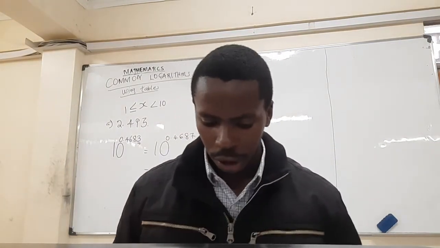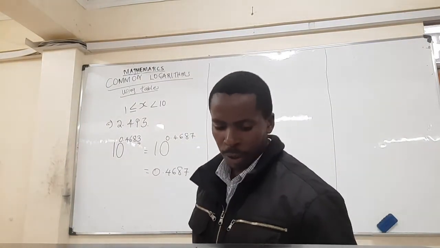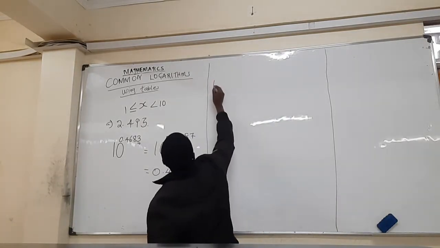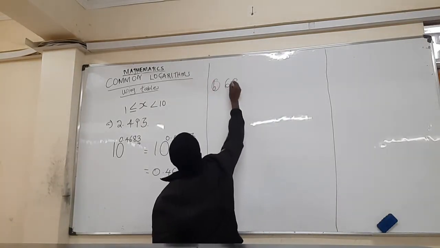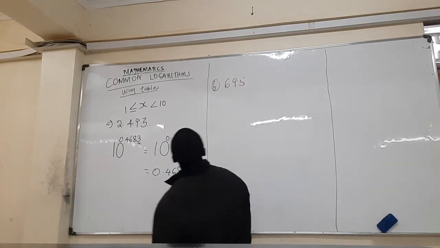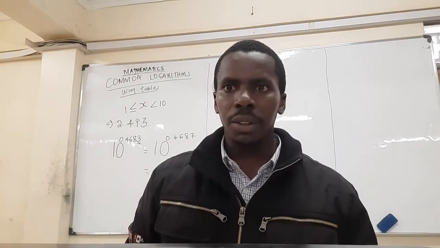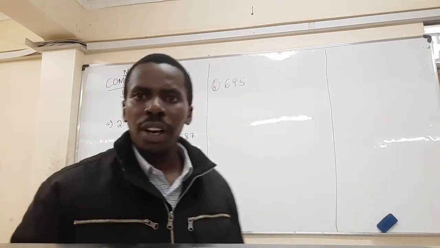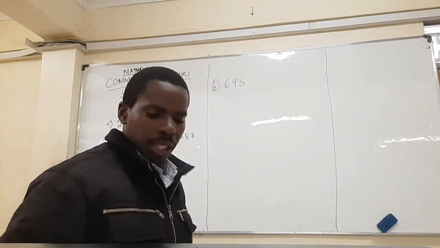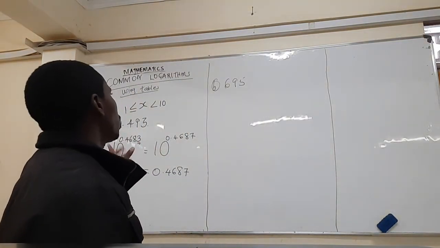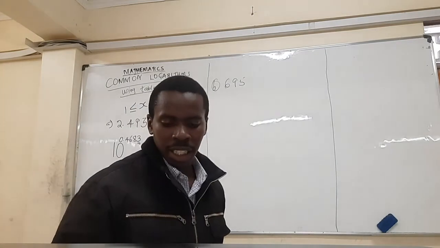Let's have another question: the logarithm of 695. We want to get the logarithm of that number. The first thing we see is that 695 is beyond the range of our table; it is greater than 10.